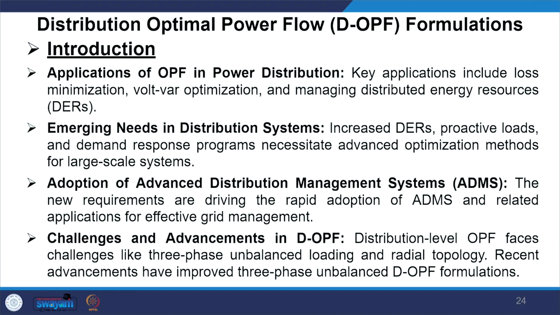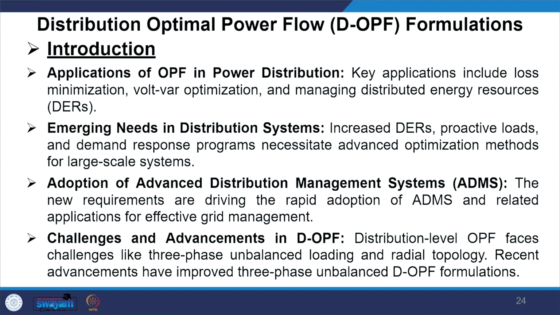Now, key applications include loss minimization, volt var optimization, and managing distributed energy resources, that is DERs. So, it is quite important that we make sure that such objectives are being achieved. That means minimization of losses, volt var optimization means optimizing volt var requirements, and so on and so forth.